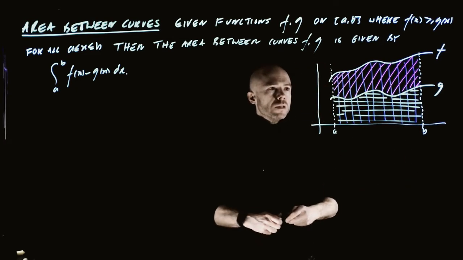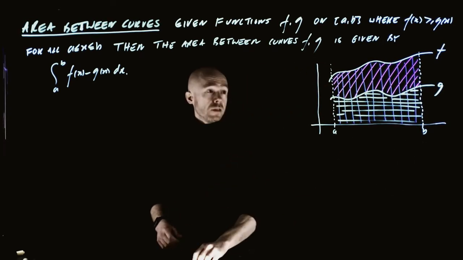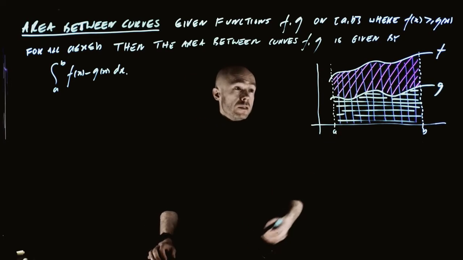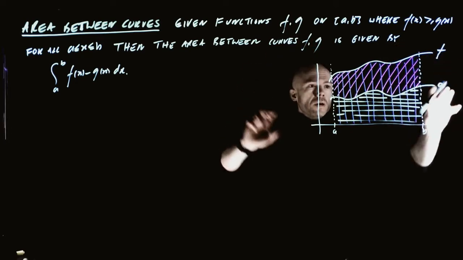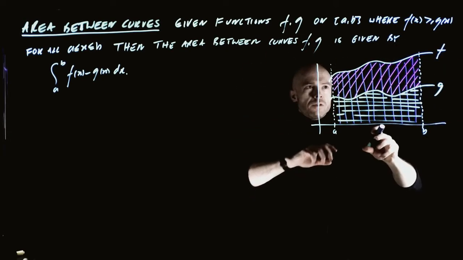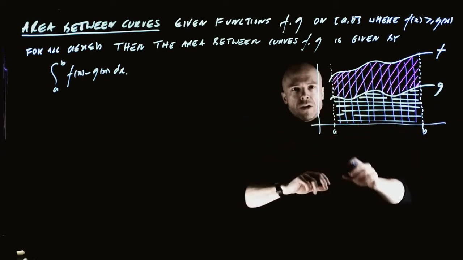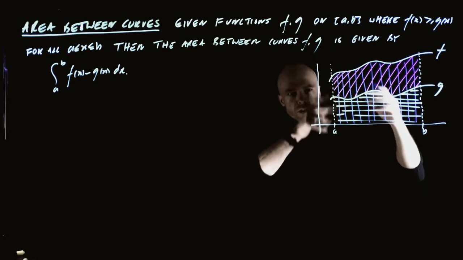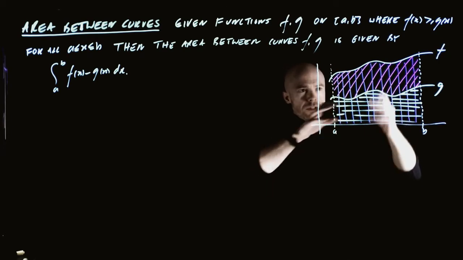So we can clearly see that the red stuff, which is what we're trying to find, is equal to the total blue stuff, all the stuff underneath the graph of f, minus the total green stuff, the stuff underneath the graph of g. We can just see it.